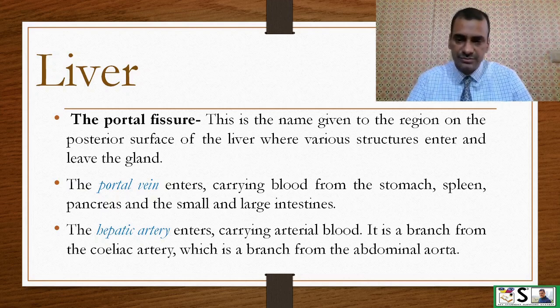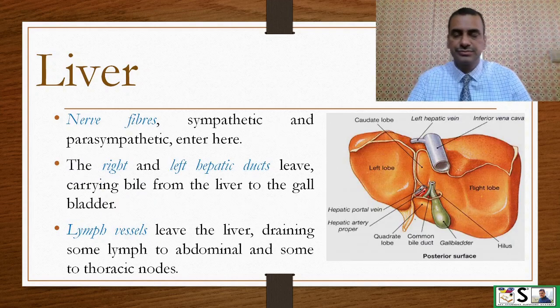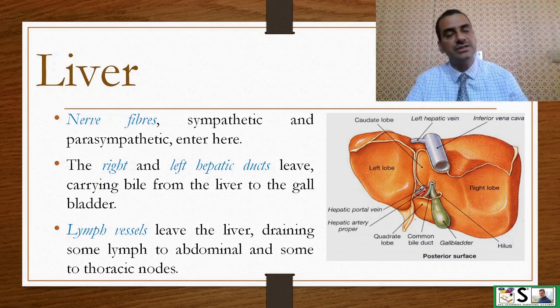The hepatic artery enters carrying arterial blood. It is a branch from the celiac artery, which is a branch of the abdominal aorta. Nerve fibers, sympathetic and parasympathetic nerve fibers, enter.